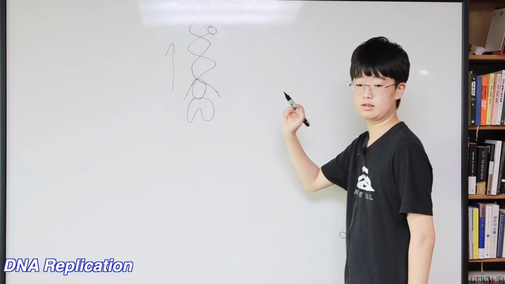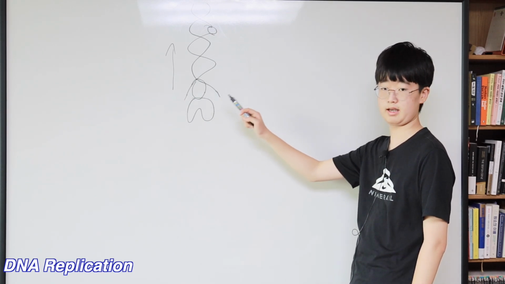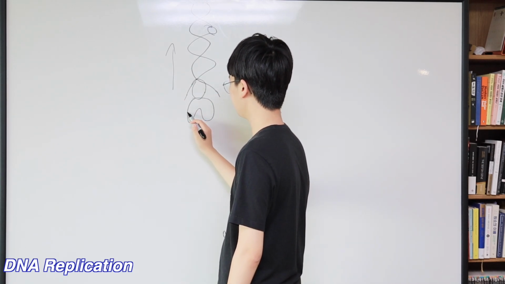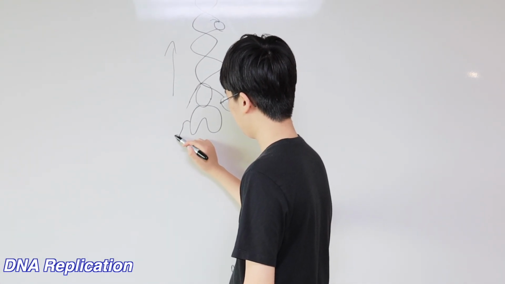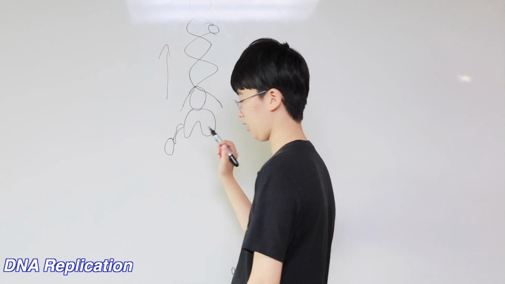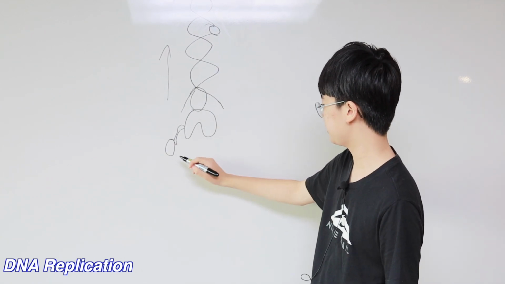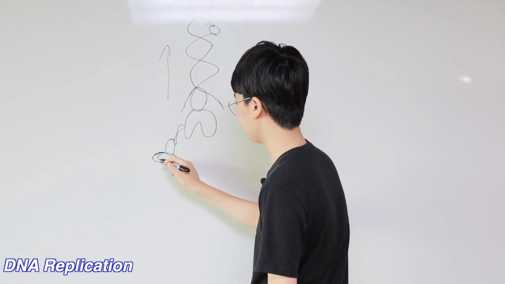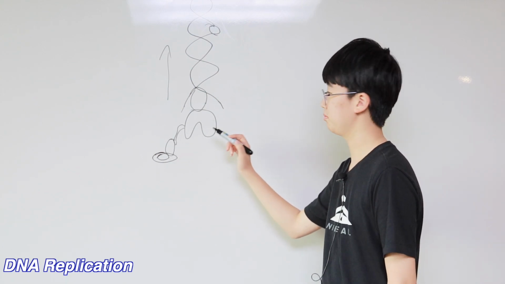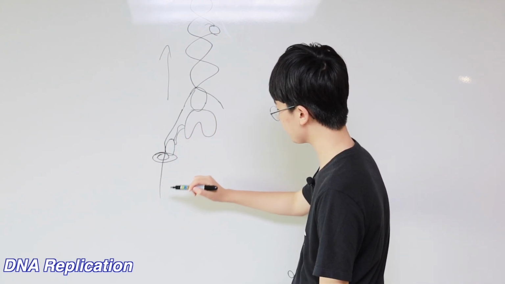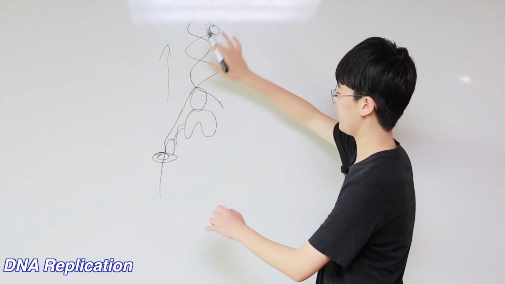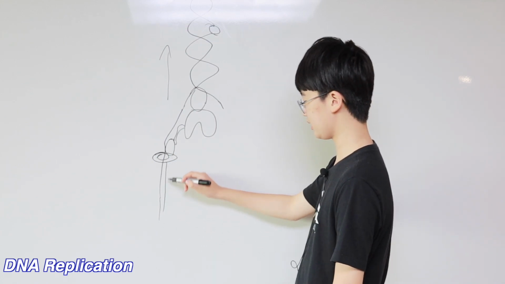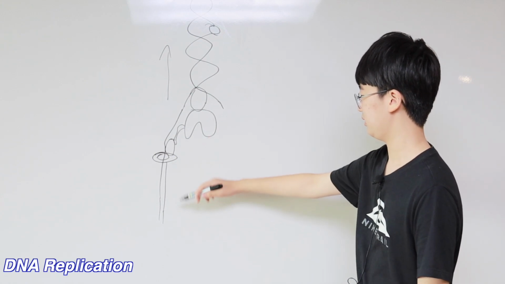Now, this is the clamp loading protein right beneath the helicase, and there are little things that go out and stick onto the DNA polymerases, and here is the sliding clamp protein, and the DNA comes in like this, and because the replication fork is going up like that, over here is the newly synthesized DNA.